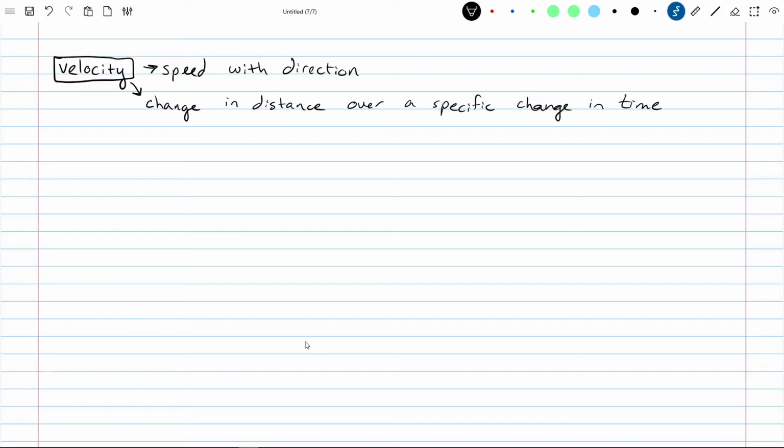Today's lesson is how to solve for velocity. We talked a little bit last week about the vocabulary of motion, and just as a review, velocity is the change in distance over a specific change in time. If we were to write this as an equation, velocity is the change in distance divided by the change in time.